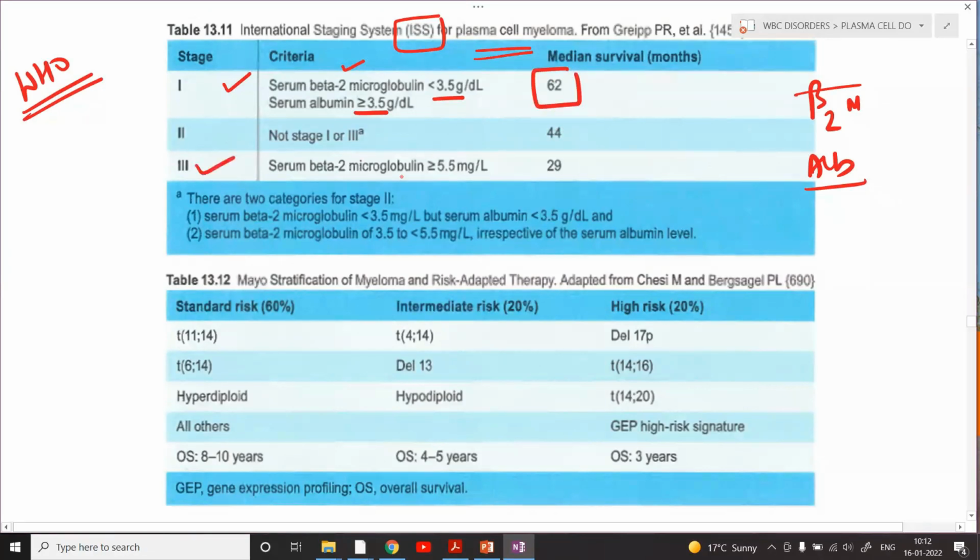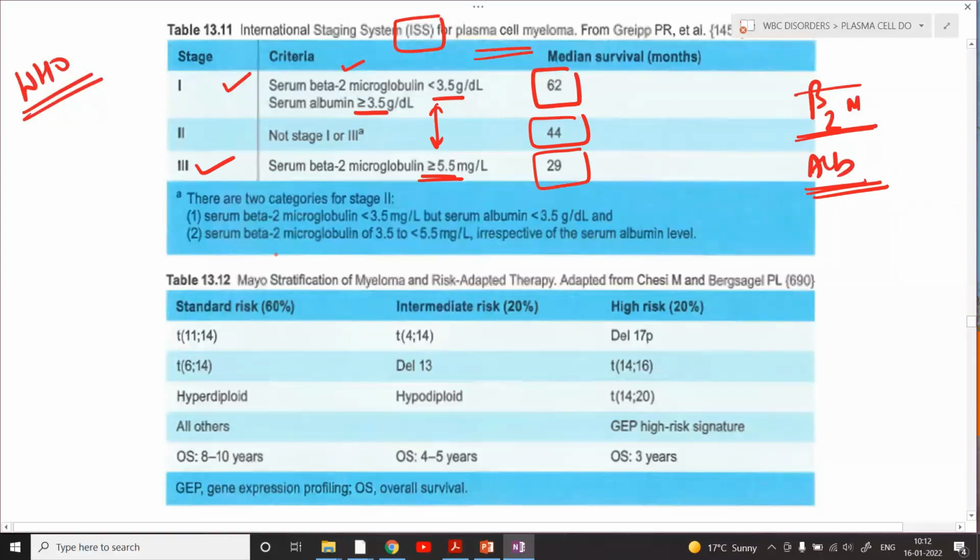Stage 3, where the serum beta 2 microglobulin is more than or equal to 5.5, has a median survival of approximately just 29 months. And those who do not fall in either of these categories come in stage 2, where the median survival is 44 months. So just remember the parameters used in the International Staging System, that is, beta 2M and the albumin level. And this was asked actually in AIIMS, a very old repetitive question that is asked in AIIMS.